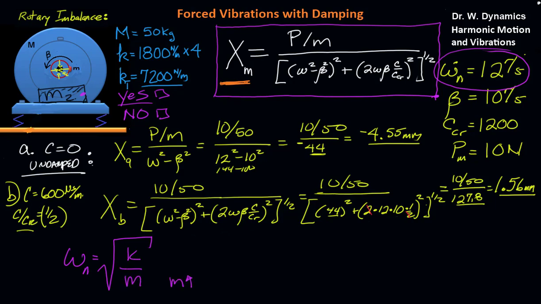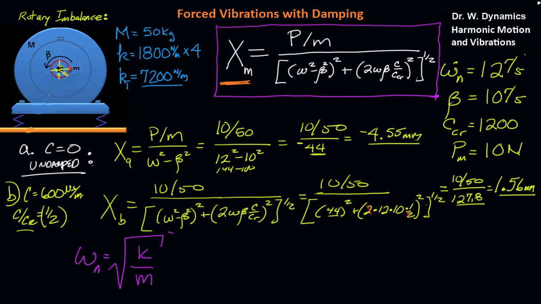So as m goes up, omega natural will go down. And omega natural is at 12, and we certainly don't want to bring it down any closer to the 10. In fact, if they put the wrong weight on there and they get this too close to the 10, this whole system will fly apart and break the springs, and you could cause some serious damage. So the answer here is heck no, don't do that. Fire the new guy. Or send him for some training.